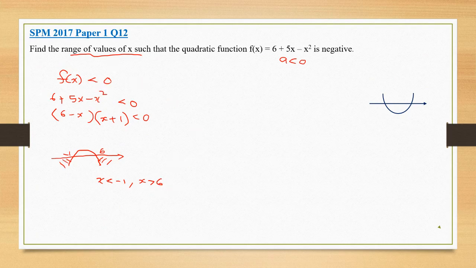Okay, let me show you using the number line. The same question: 6 + 5x - x^2. If you're using the number line, I prefer you to make sure that x squared is always a positive number. So we multiply by -1. It's easier to factorize. When you multiply by a negative number on both sides, there is a change in the inequality sign. 0 times anything is still 0.